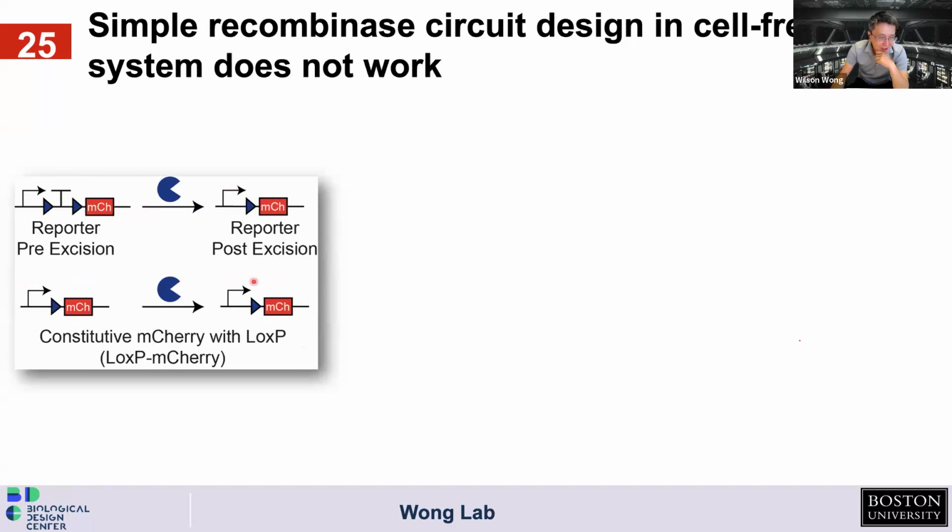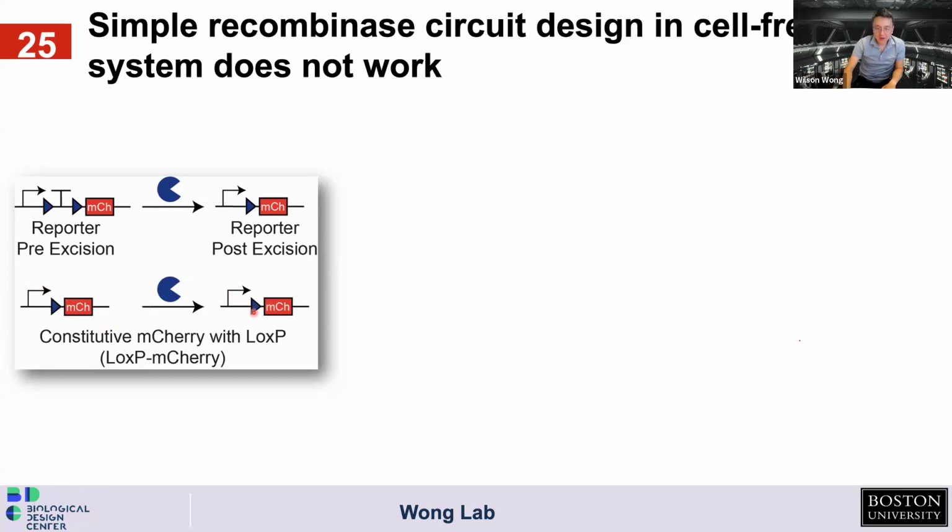But because we needed to do some troubleshooting, we also made what we call a constitutive construct. We were trying to figure out what's wrong with our system. So we have this promoter, and then just the recombination site, and then the mCherry. Now without the recombinase, it doesn't do anything. It won't cut anymore, because it only has one of the recombination sites.